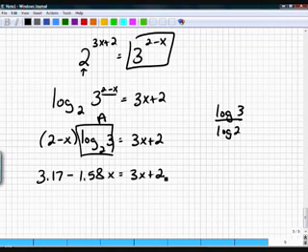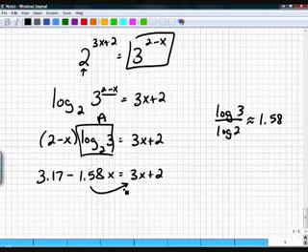Okay, let me explain what I just did. Log base 2 of 3 was equal to about 1.58. I used distributive property. Just because it wasn't in front of the parentheses doesn't matter, you're still distributing. I did alpha A times the 2, and alpha A times the x, and got minus 1.58x equals 3x plus 2. Now it's linear.